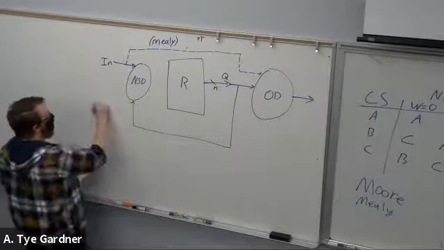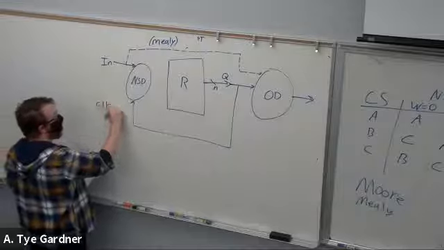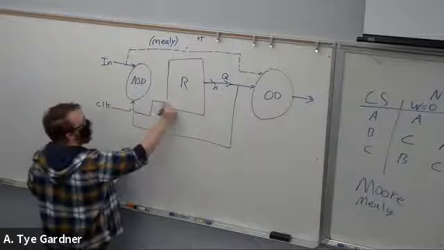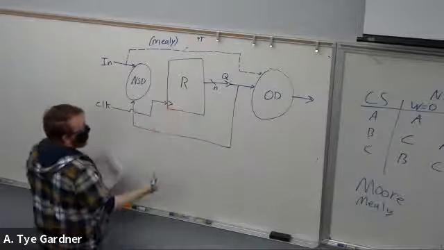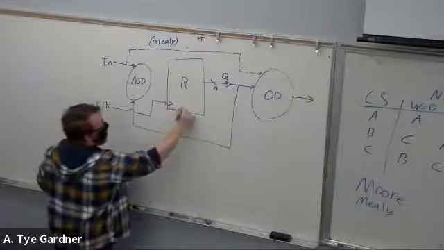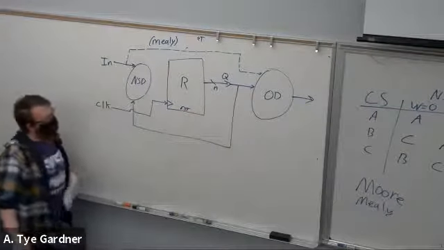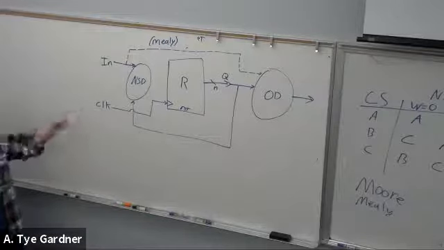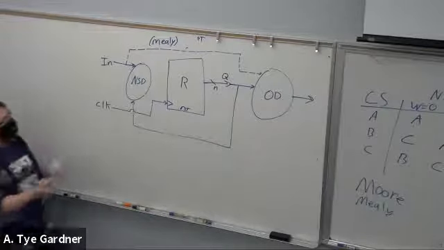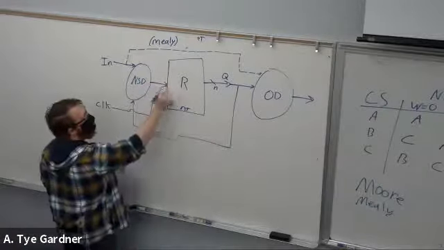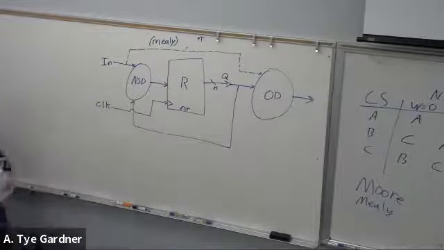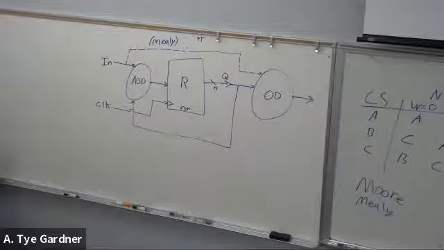And then you'll usually have, right, a clock. And then you might have something like a reset pin or something. But the clock only needs to go to the current state register. That's the only clocked component of this.